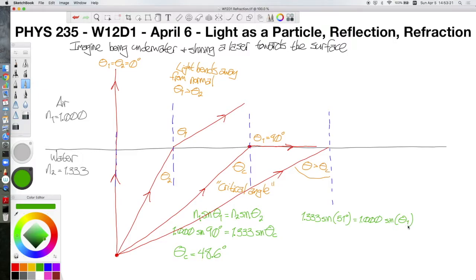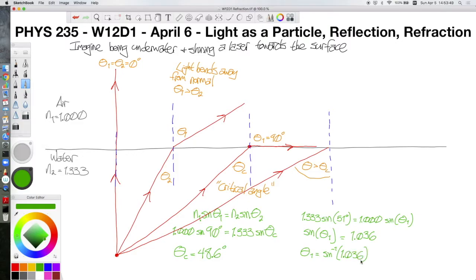So then we can actually work through this calculation and find that the sine of theta 1 has to be equal to whatever 1.333 times the sine of 51 degrees is, which turns out to be 1.036. So theta 1 is going to be the inverse sine of 1.036.